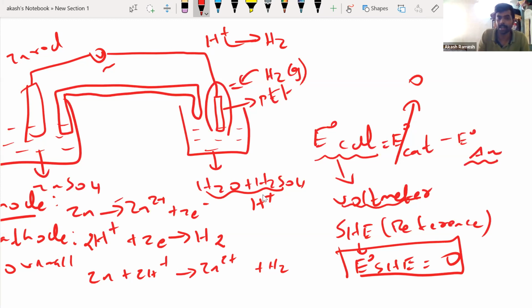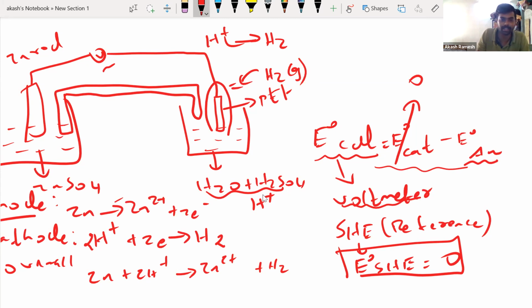Again I repeat what I told you now. The standard hydrogen electrode is going to act as a reference point. By making it the reference, the reduction potential value for the standard hydrogen electrode is 0. We always assume it to be 0. Looking at the equation, E naught cell is equal to E naught cathode minus E naught anode.